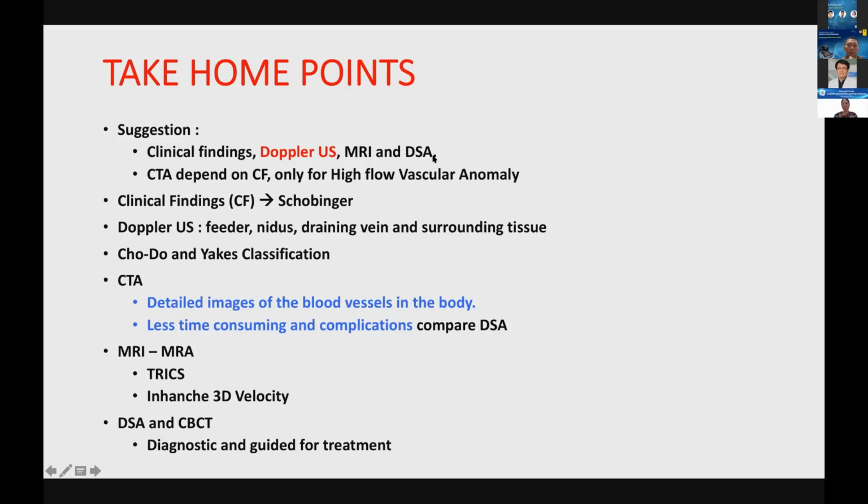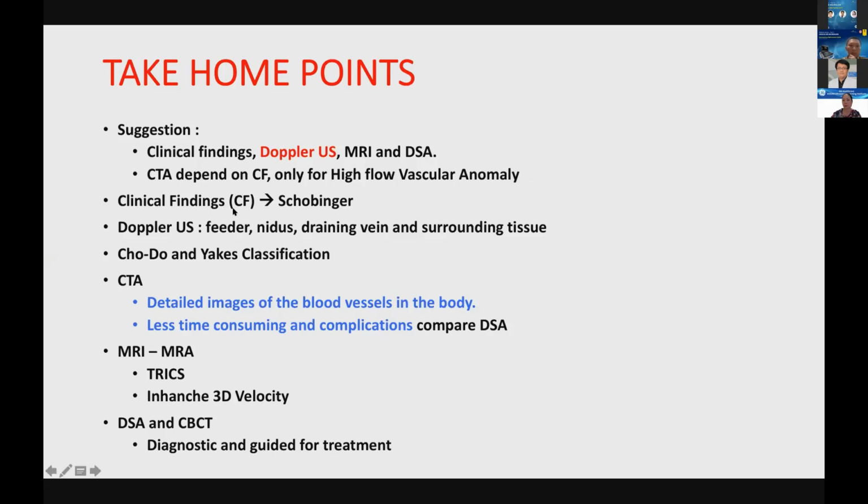And for treatment planning, we use digital subtraction angiography. CTA depends on the clinical findings. It is only useful for high flow vascular anomalies, and also to see the extension of the lesion.